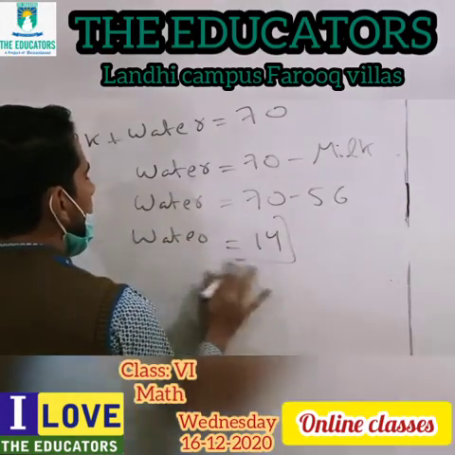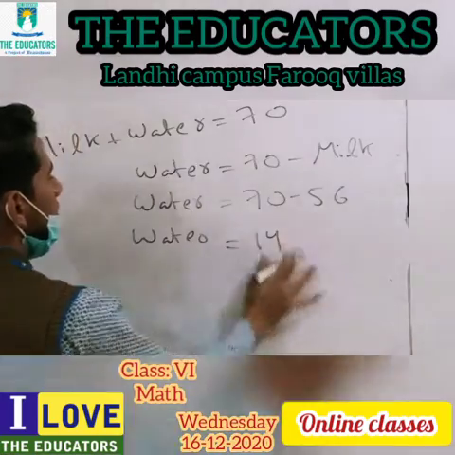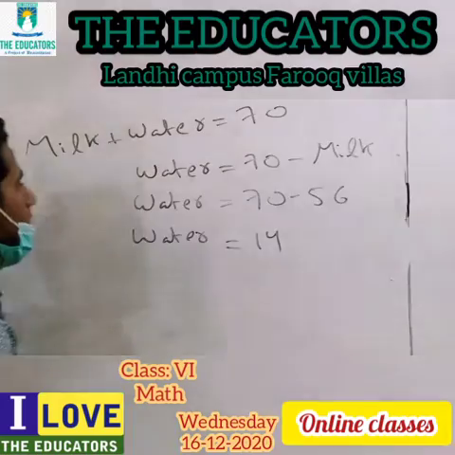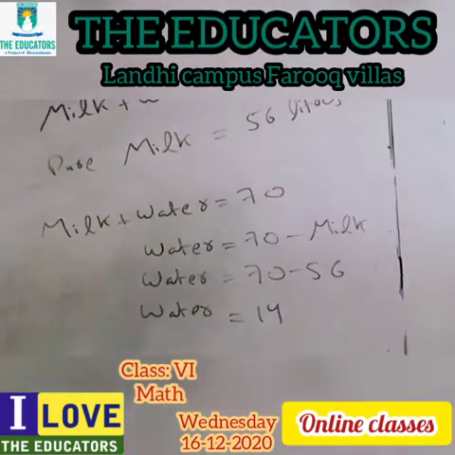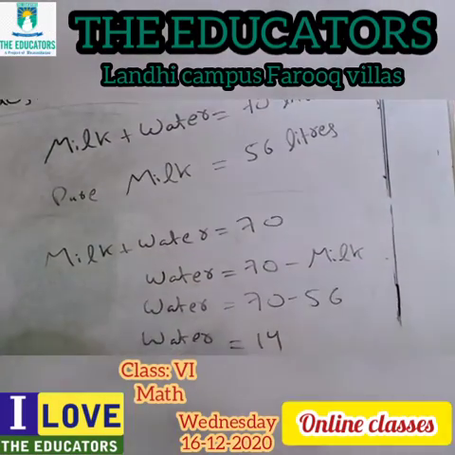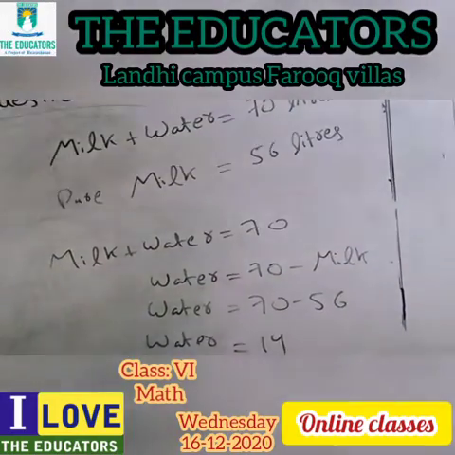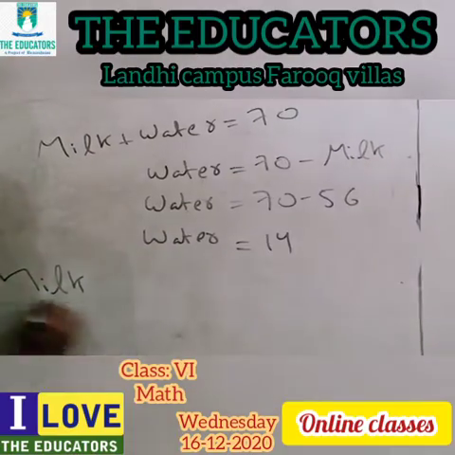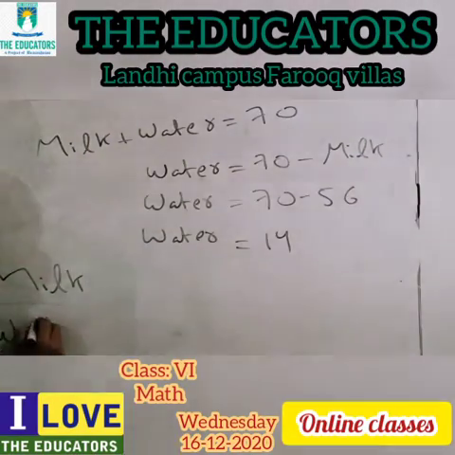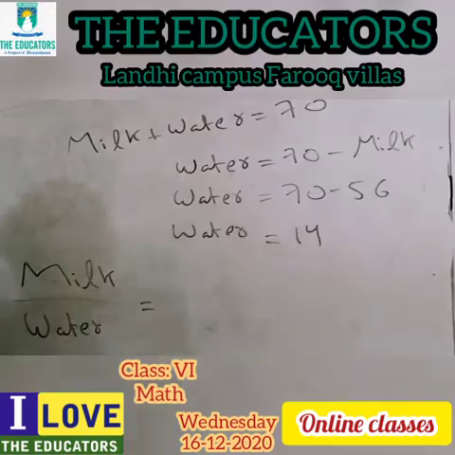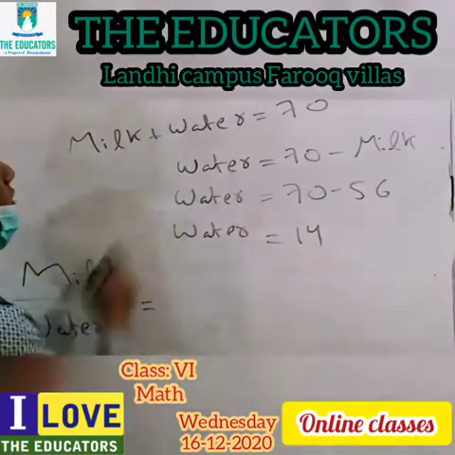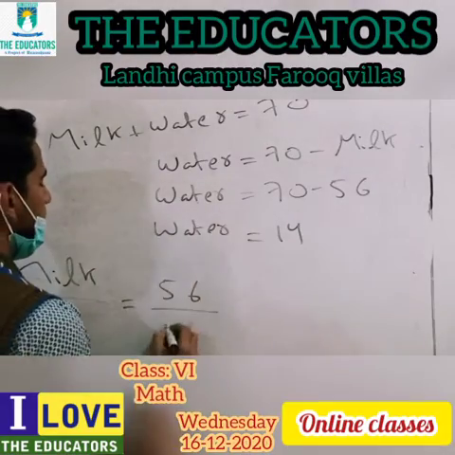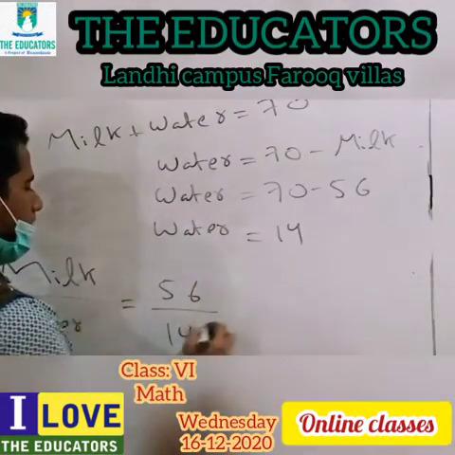So 14 liters of water was mixed in milk, but that's not our answer yet. What did they ask us? They asked us the ratio of milk to water. So what's the value for pure milk? That is 56. And what's the value for water? That's 14.